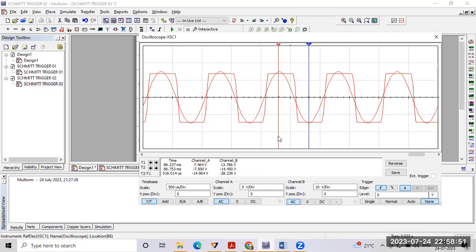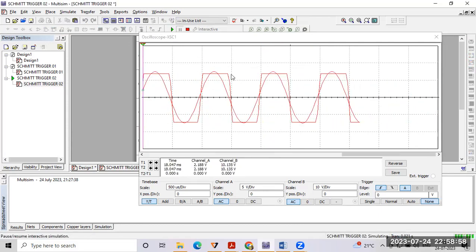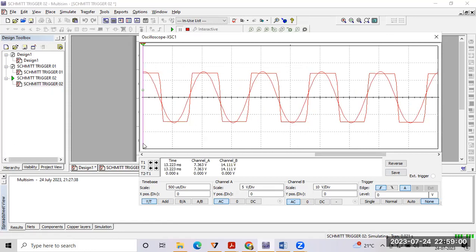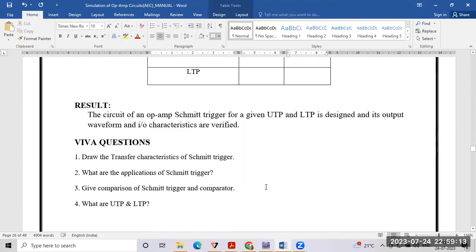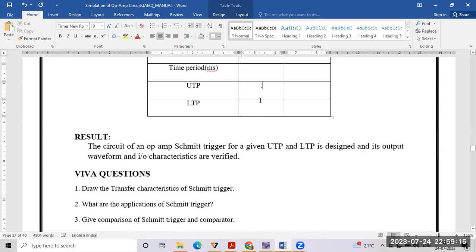How to check the UTP and LTP? Yes, UTP is kept here. Run one more time and hold on. UTP, LTP: approximately 1.8, 1.1. Actually it should give 0.5, but it gives 1.